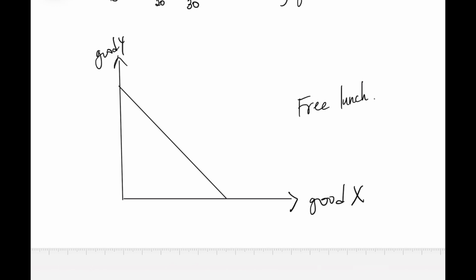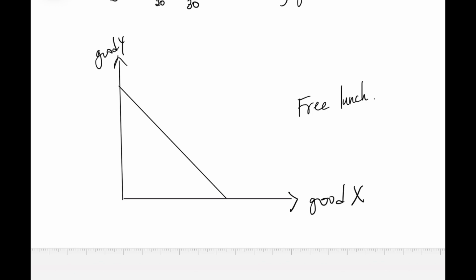A free lunch, you're trying to go from one point to the other, but not give up any units of the other good. So say you want more of good X. So you're going to get more of good X without giving up any of good Y.